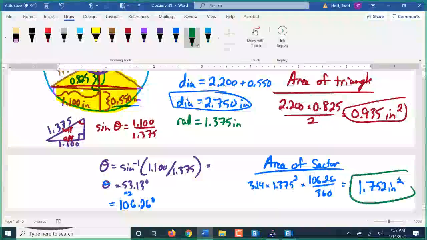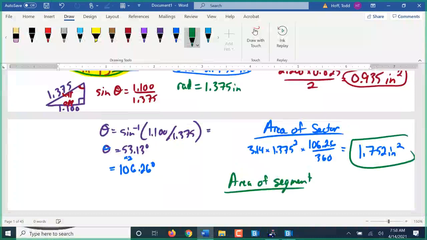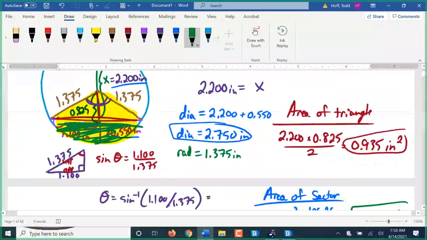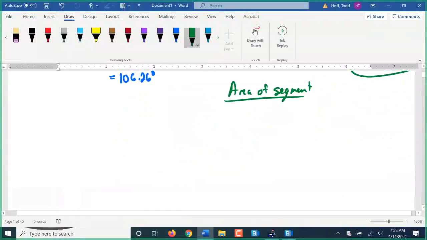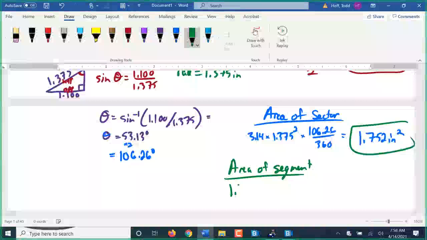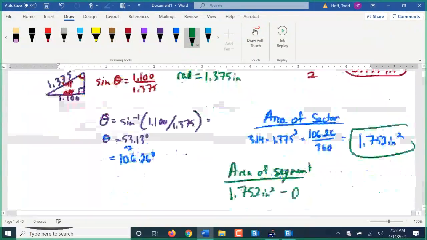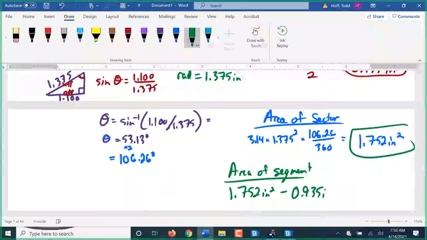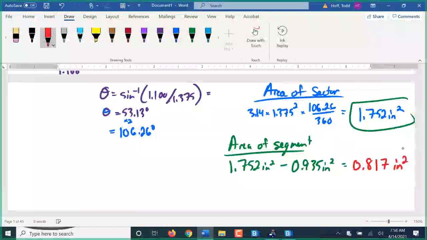The area of the segment, remember the segment, that's just this piece out here, which is the groove that's cut out, right? It's going to be 1.752 minus 0.935. Giving us a difference of 0.817.